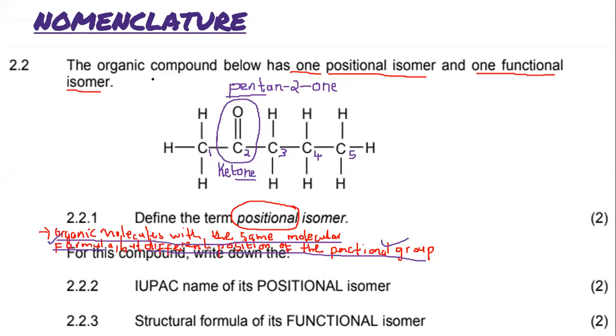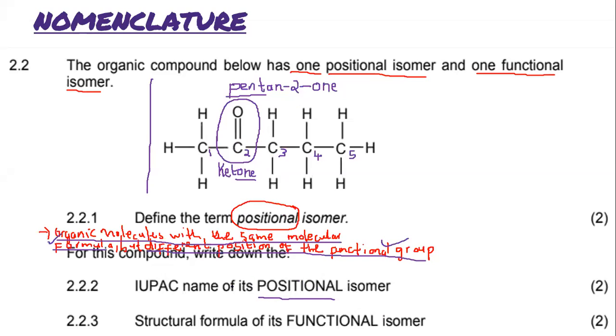Now, if I want a positional isomer, the IUPAC name of the positional isomer, my dear learners, obviously it means the functional group there cannot be on position 2. It has to be at a different position. For example, we can put it on position 3.